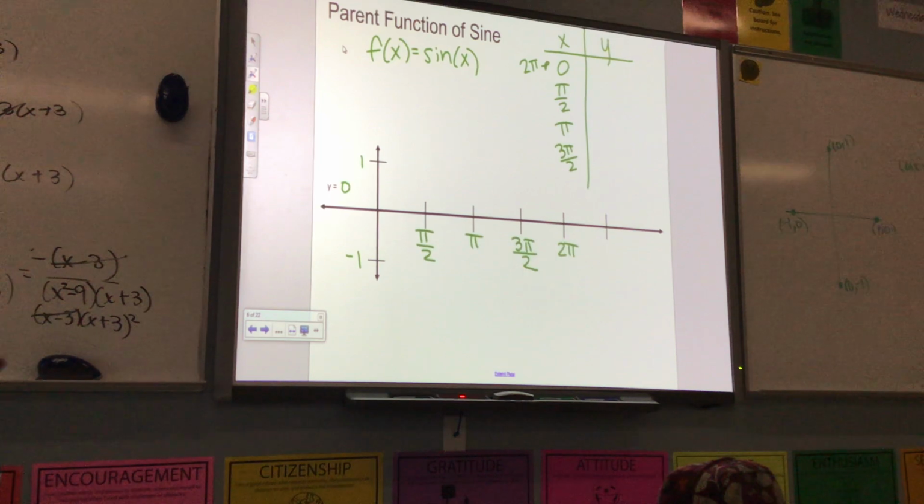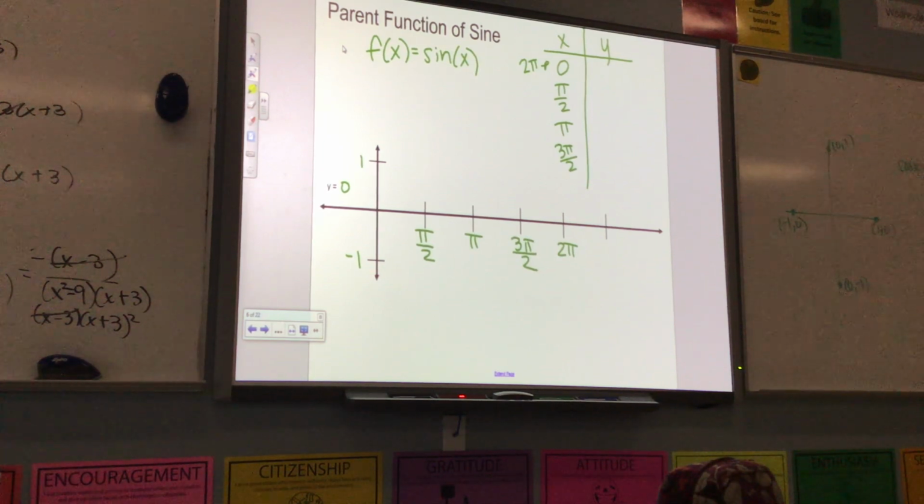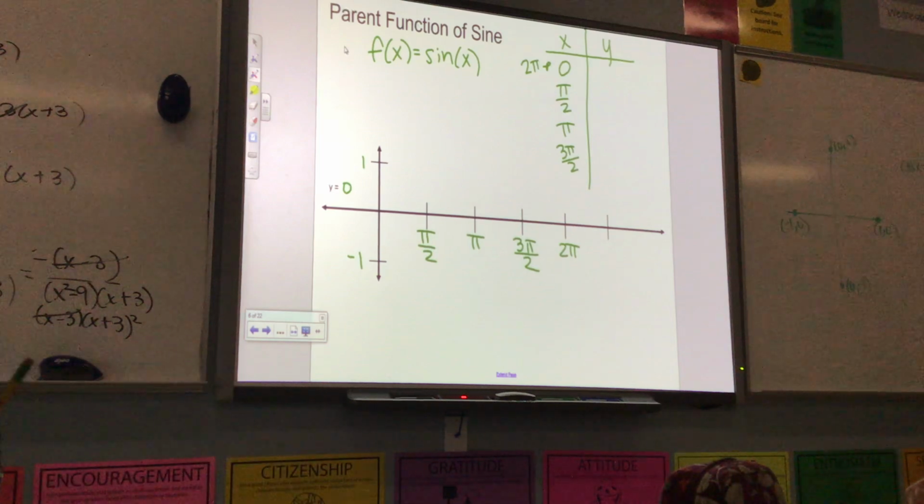Find me those exact values of the same thing. Remember for sine, it's really y over r.